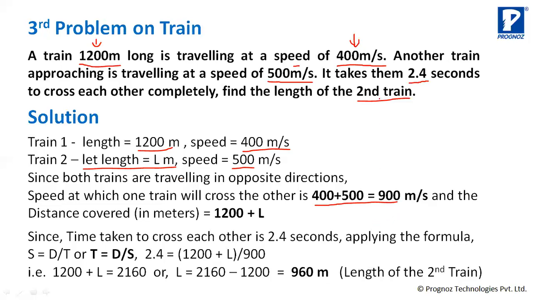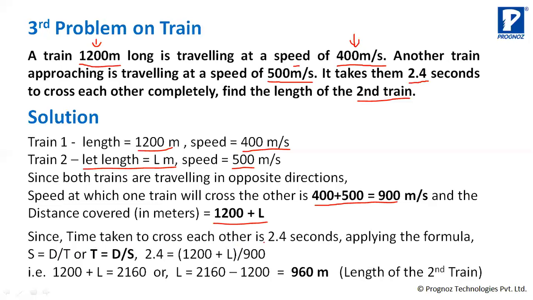See, both these speeds will be added because they are traveling in opposite directions. And the distance covered in meters will be 1200 plus L meters. 1200 is the length of the first train, and L is the length of the second train. This is the situation when two trains are traveling in opposite directions.